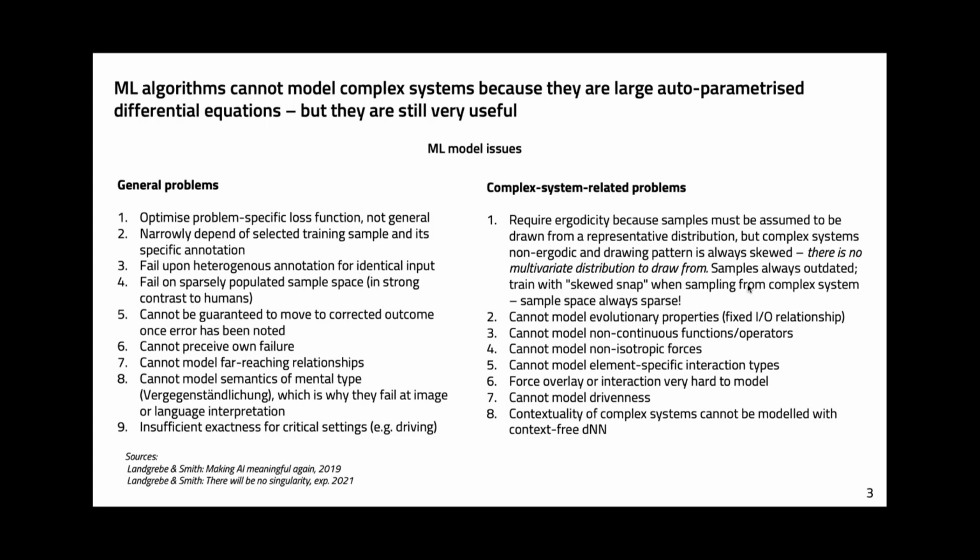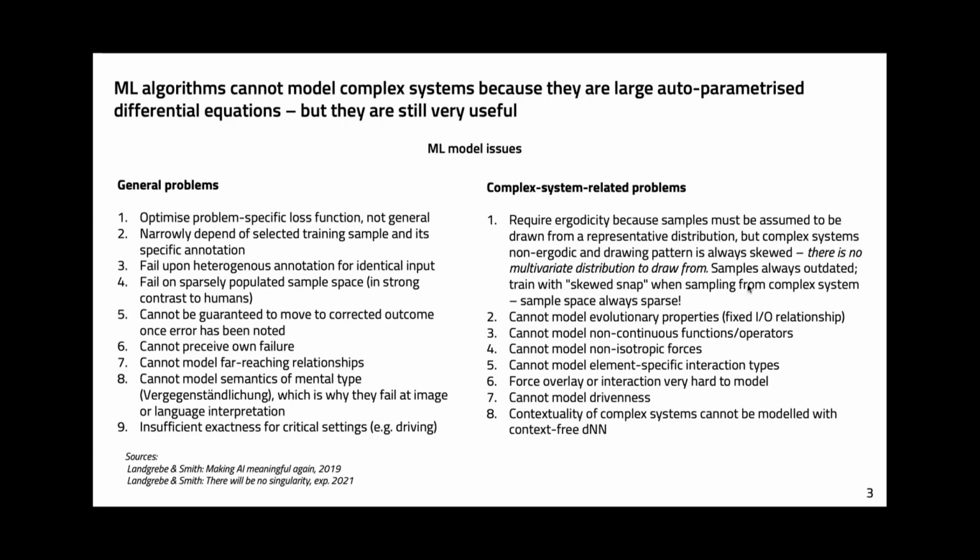That's really bad for complex systems, and that's bad for ML algorithms. They cannot deal with this. They need repetitive patterns. This is really take-home message number one: if you have a situation or an environment created by a complex system, then this is always a non-ergodic distribution deriving from a non-ergodic process. And such a distribution can never be representative.